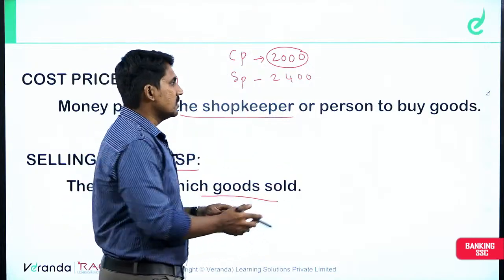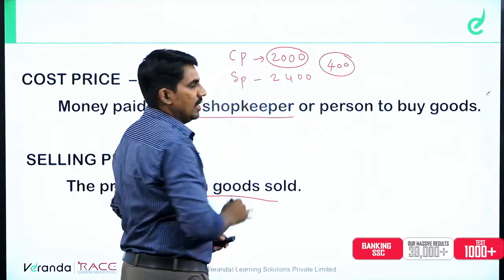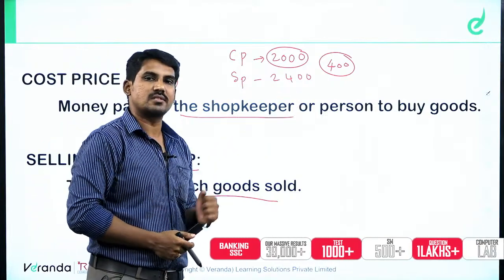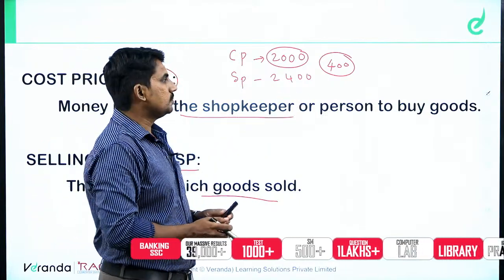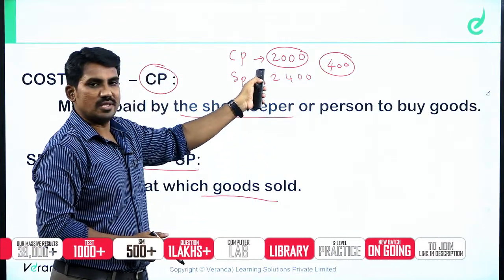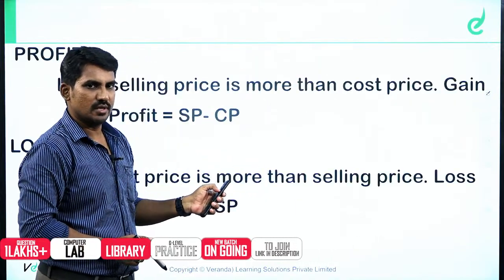Therefore, in this case, that extra 400 rupees is called profit. He got a gain of 400 rupees in this transaction. CP is the buying price, SP is the selling price. That's all: cost price, selling price.